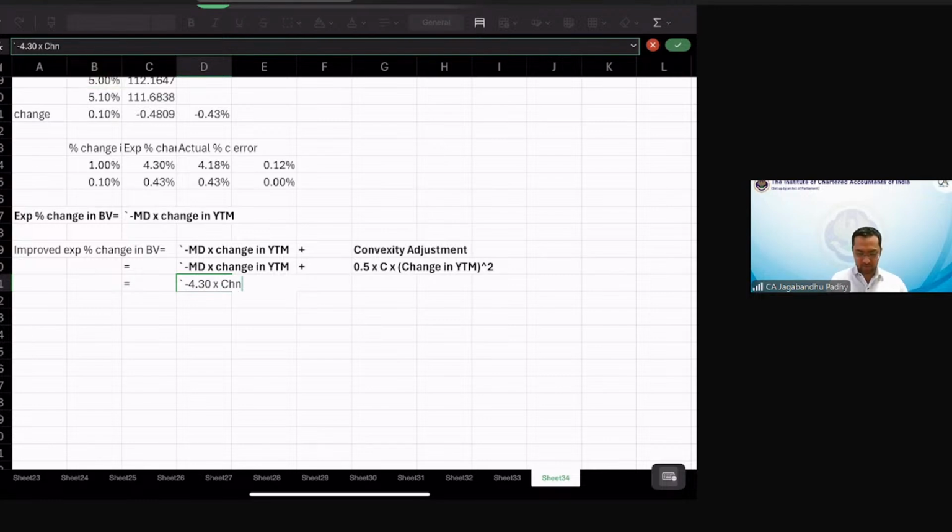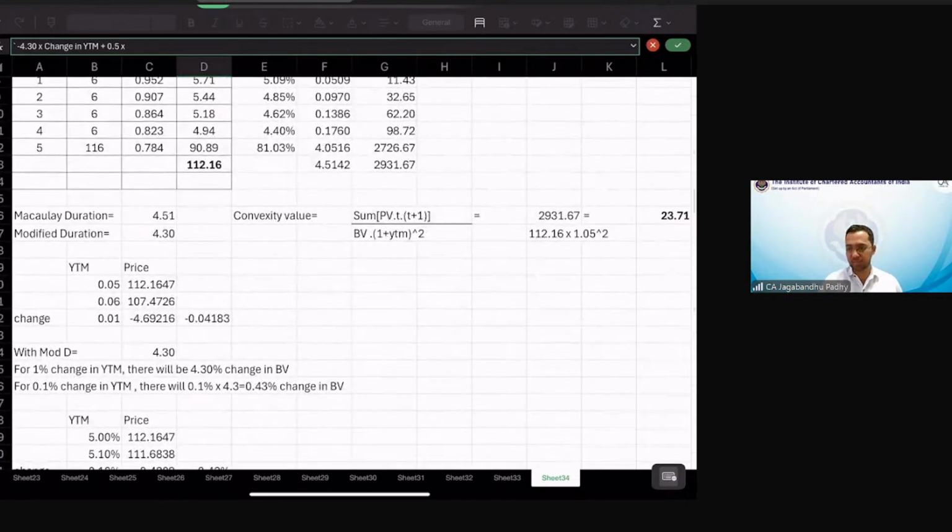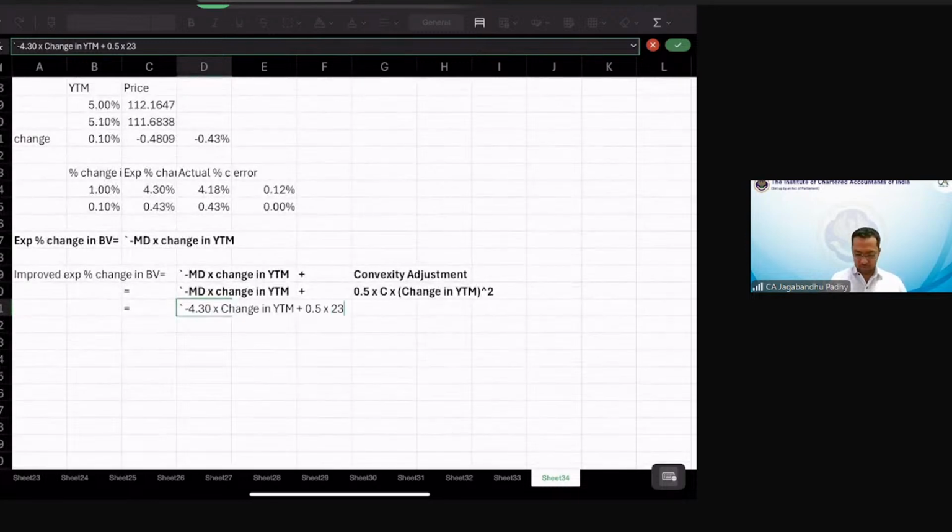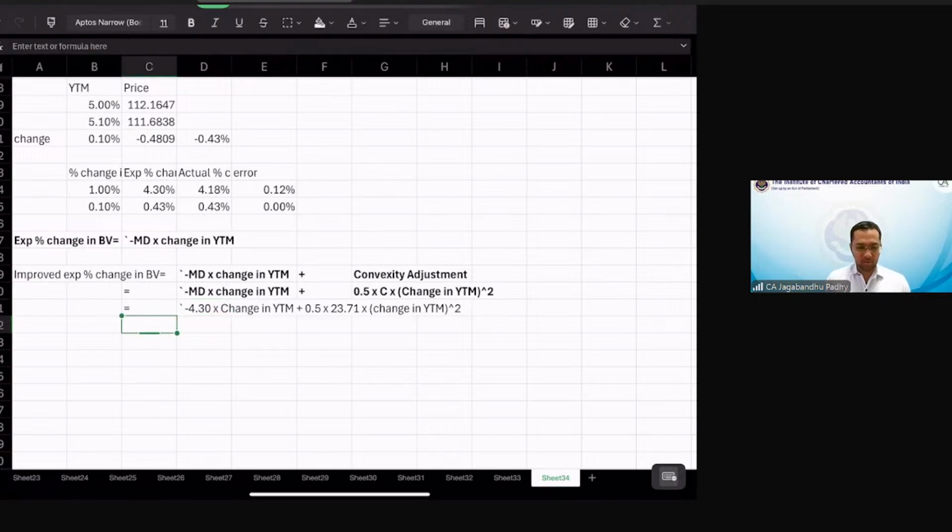Let me keep it as it is. Change in YTM plus 0.5 into, we got the convexity number just now. Convexity is 23.71 into whatever we see the change in YTM, the square of it, right?